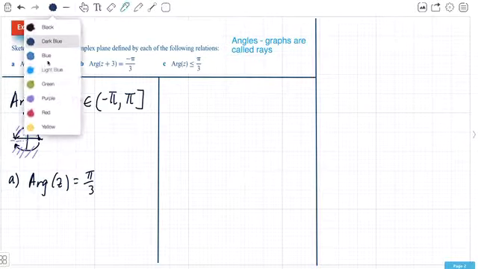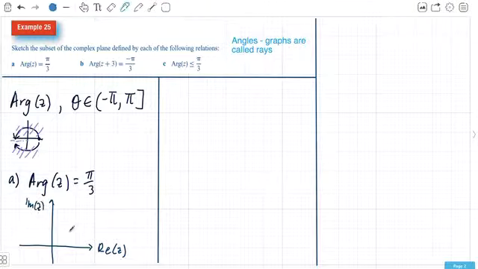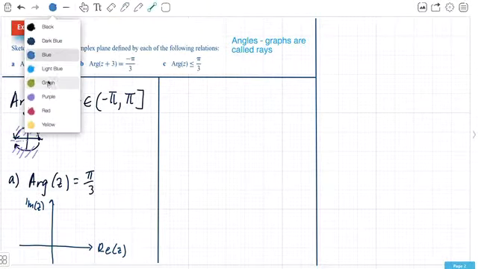Now, the way you can think about this, and I'm just going to graph this here, is imagine that you've got your real and your imaginary axes, and let's say pi on 3 is here, okay?